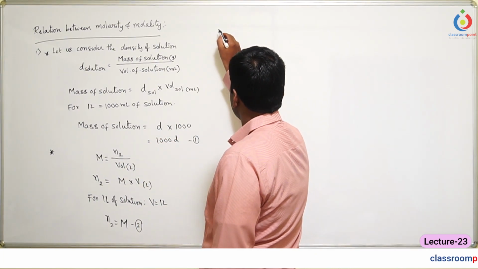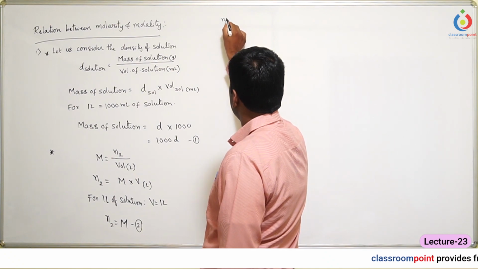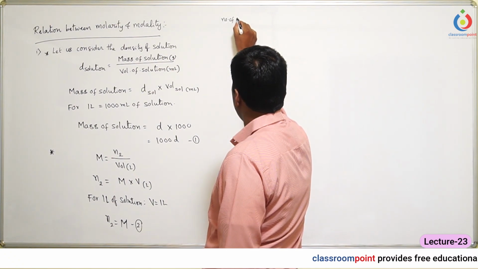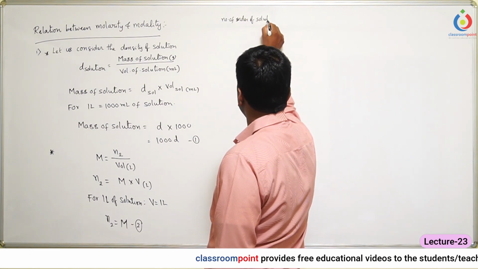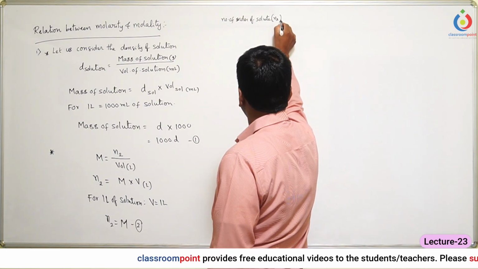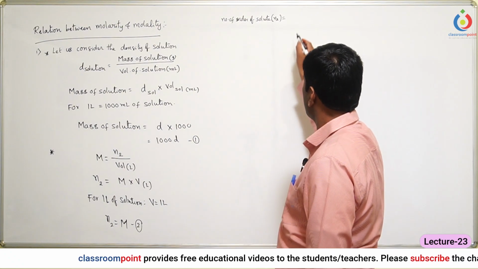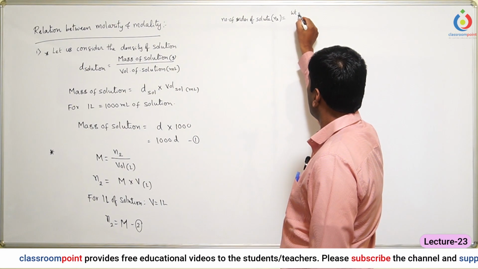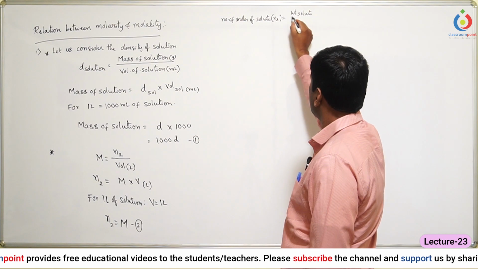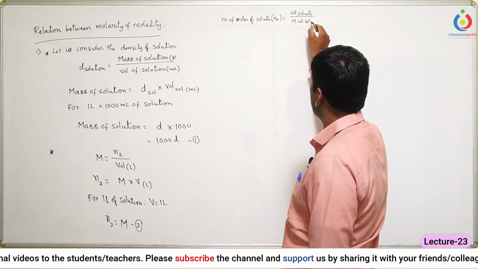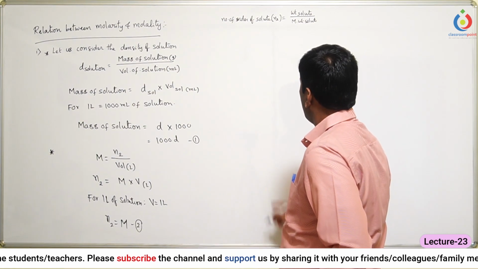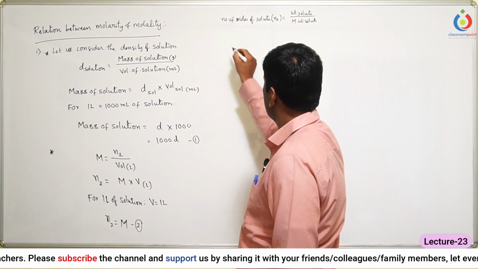Then now let us see the number of moles of solute N2 is equals to weight of solute divided by molecular weight of solute. Let us calculate the mass of the solute.